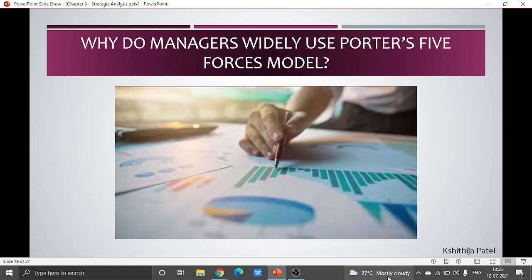The next question might be, why do managers widely use this five force model? Why has this been so useful is one of the questions we have to understand, so that we can understand this five force model in a better way.